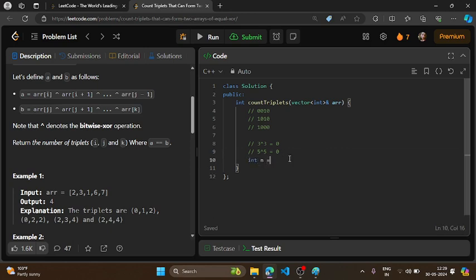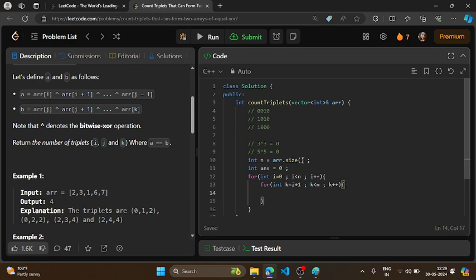So this is the size of the array, right? Now we will only run 2 loops. Let me make a variable answer where I will be counting the number of triplets. Now we will run 2 loops, one for i, which will start from the 0 index, and another one for k, which will start from i plus 1 and continue till n.